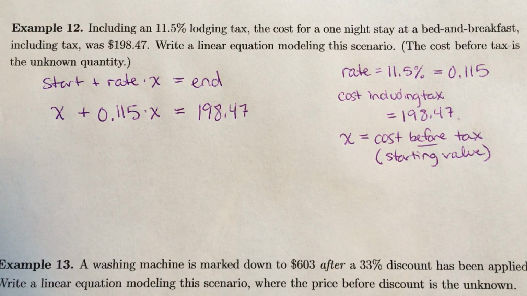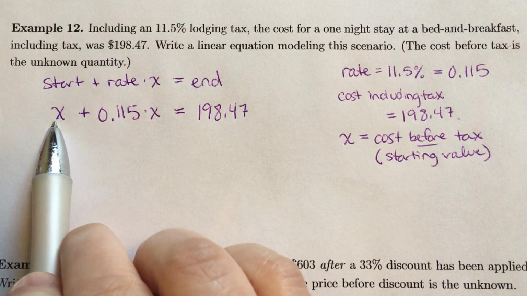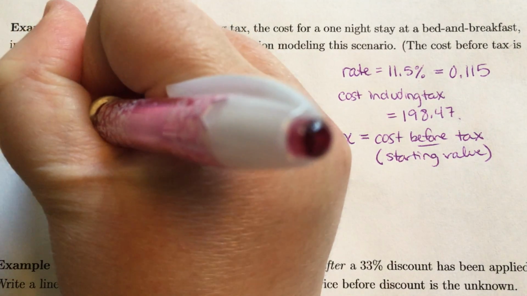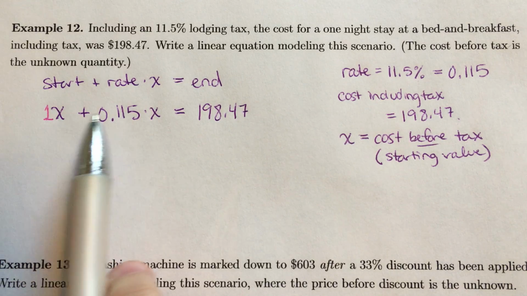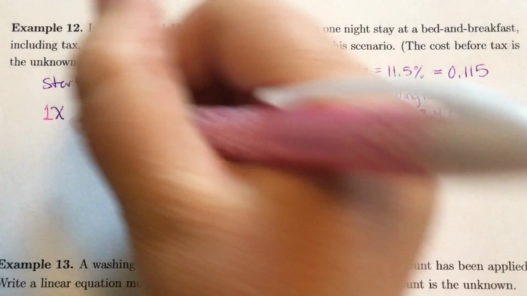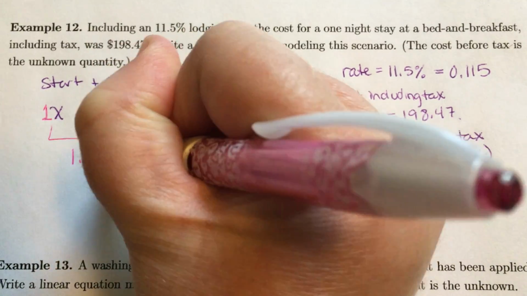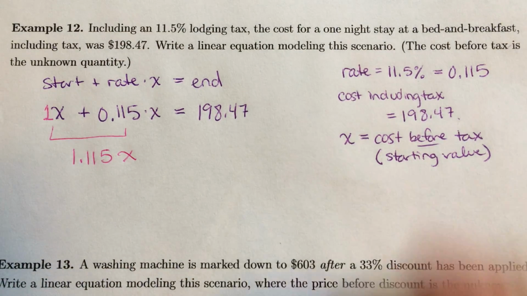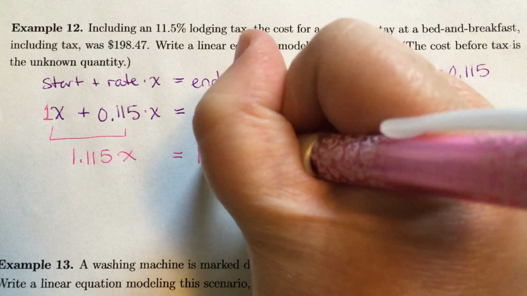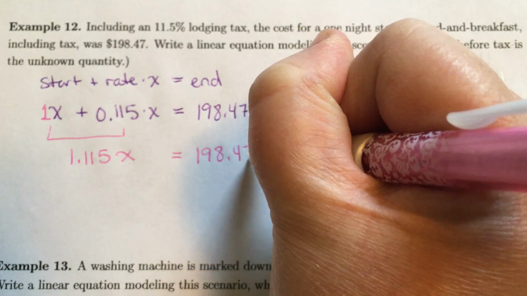All right, well, let's combine like terms. This x is really just a 1x, and we're adding it to 0.115 x's. So together, this makes 1.115 x's. And that will equal the $198.47.